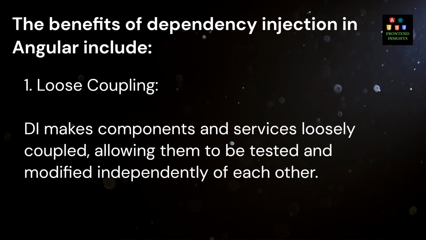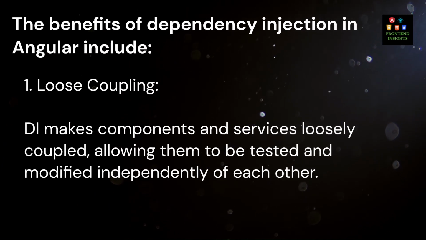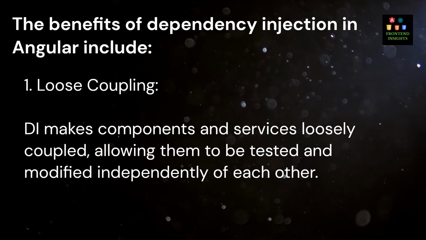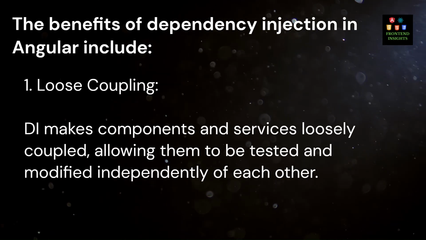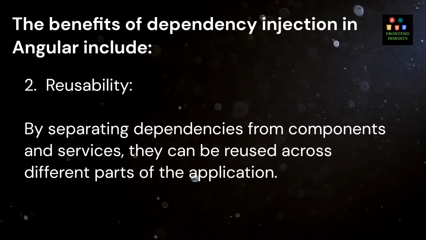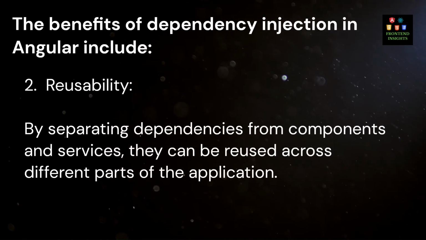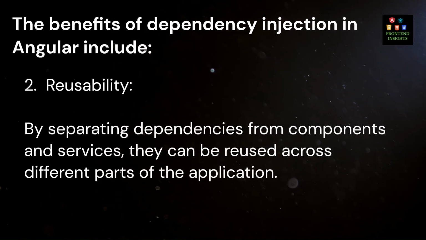DI makes components and services loosely coupled, allowing them to be tested and modified independently of each other. Second, reusability. By separating dependencies from components and services, they can be reused across different parts of the application.